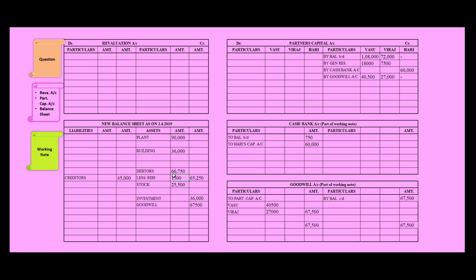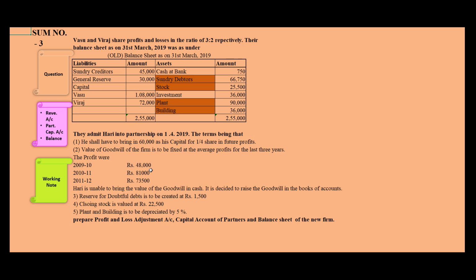Previously it was 66 और अभी और भी कम हो गया है, 65,250 हो गया है. So 1,500 will be loss. Will be recorded in debit side. All the expenses and losses are recorded on debit side. 2 effects are done. Remember to give 2 effects, otherwise you won't be able to tally your balance sheet.